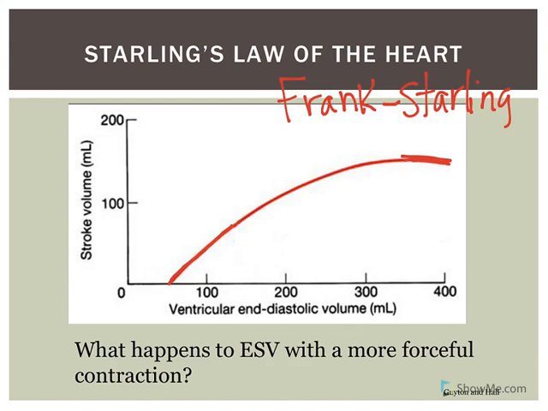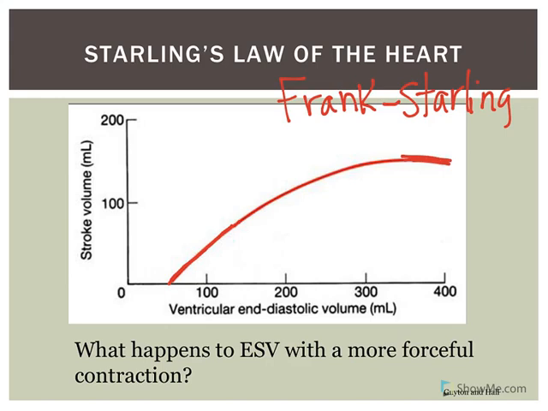The reason for this is as more blood goes into the heart, it stretches those muscle cells. And as it stretches, it allows more cross bridge formation. And when you have more ability for cross bridge formation, you'll get a much more forceful contraction. A much more forceful contraction will lead to an increase in stroke volume.